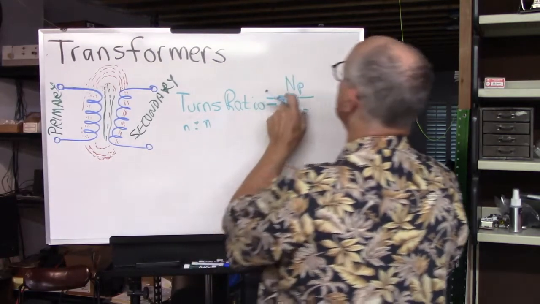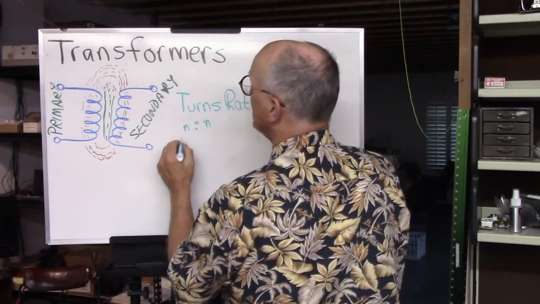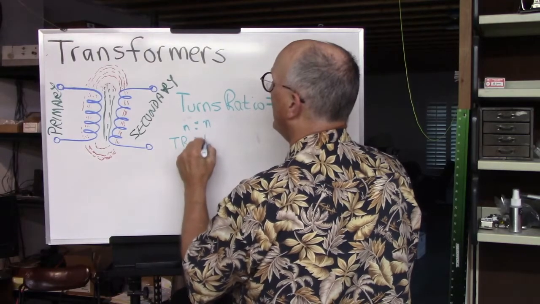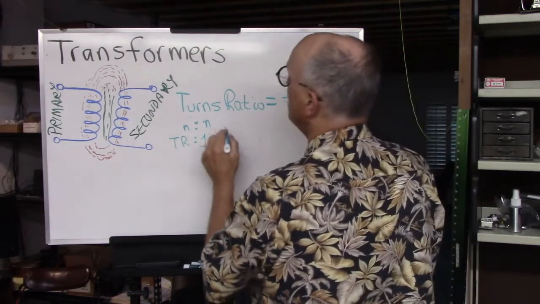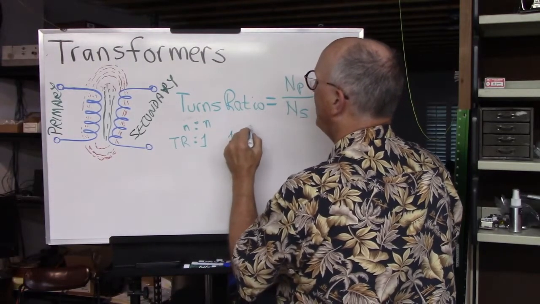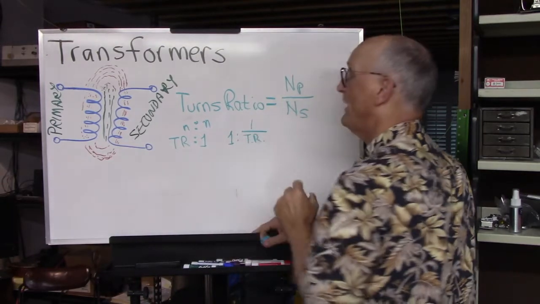And if the turns ratio is greater than 1, then usually it'll be the turns ratio, colon, 1. If the turns ratio is less than 1, then they will have it 1, colon, and then it'll be 1 divided by the turns ratio.